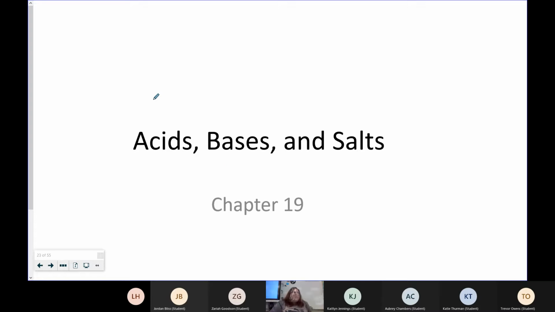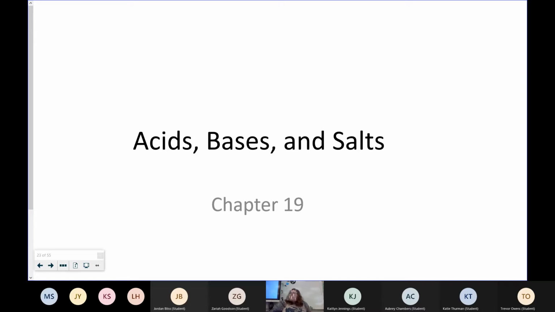Today is not going to be a super long day. We're going to look at acids, bases, and salts. We're going to start off with a real quick review of naming acids. Remember, there were special naming rules dealing with acids.